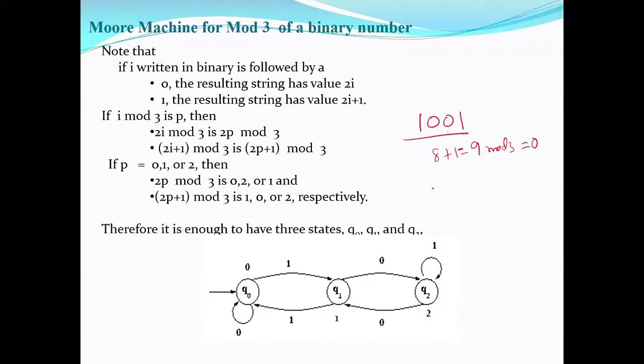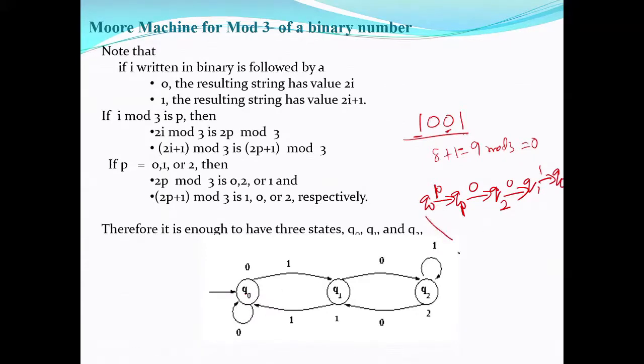Let us see. Q0 on 0 is Q0, sorry, I have to start with 1, right? Q0 on 1 is Q1, then Q1 on 0 is Q2, then Q2 on 0 is Q1, then Q1 on the next input symbol 1 goes to Q0.